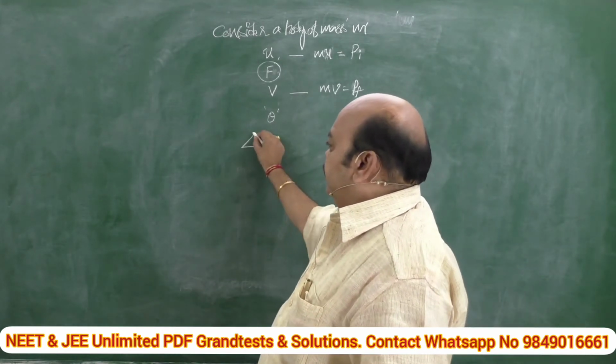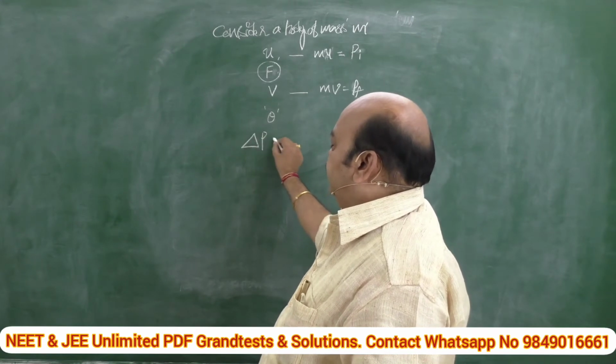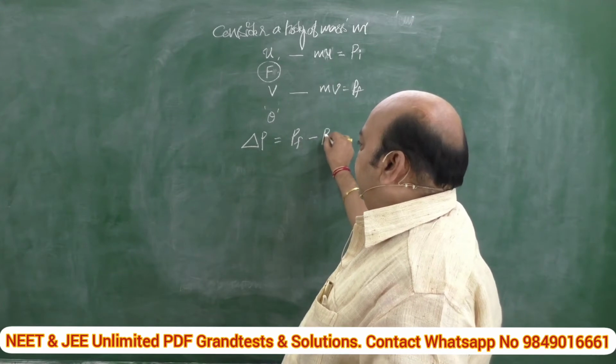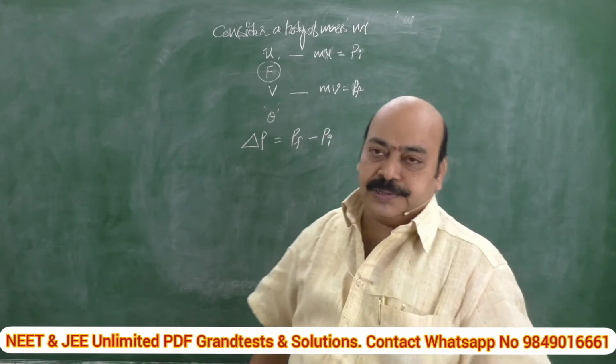Now the change in momentum delta p is equal to p final minus p initial.